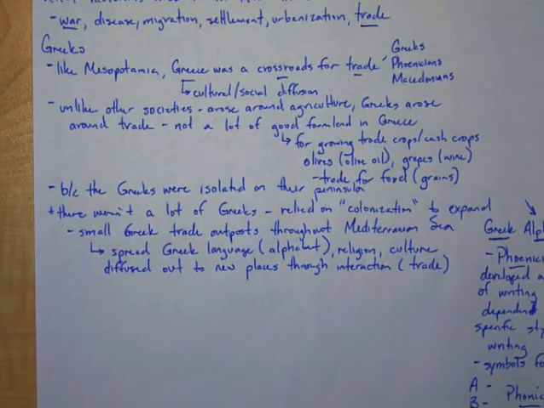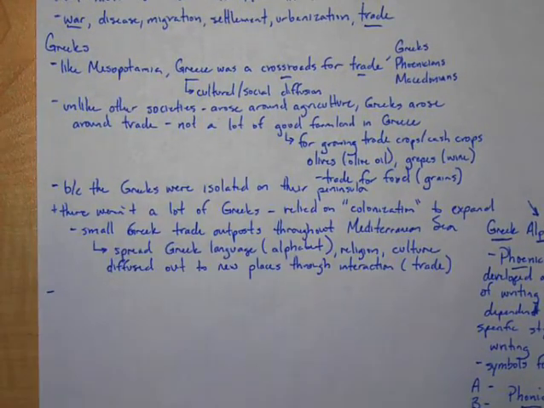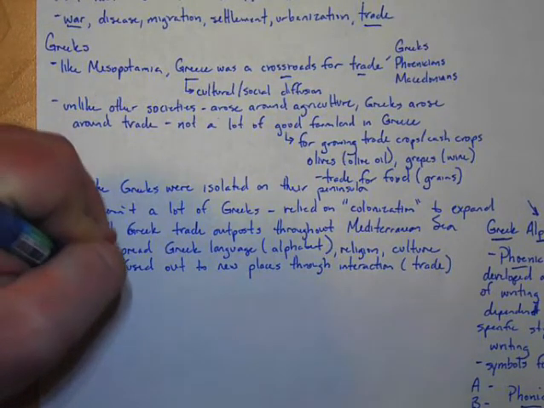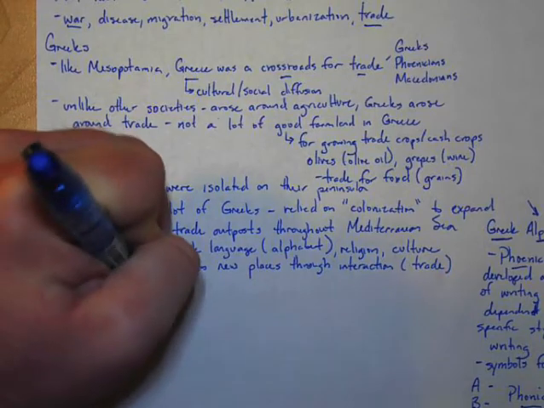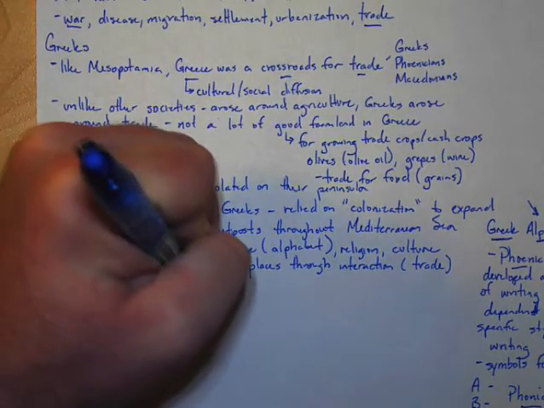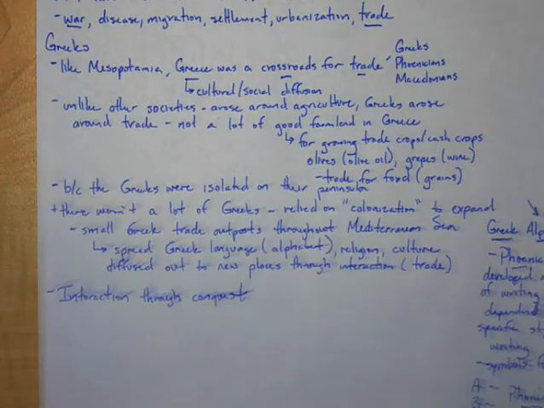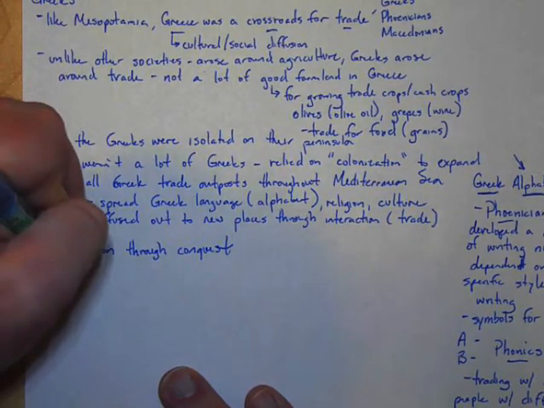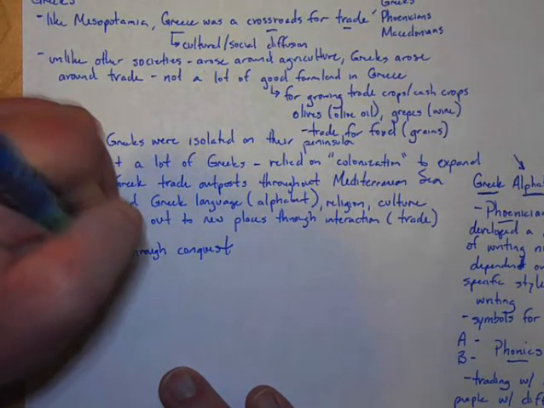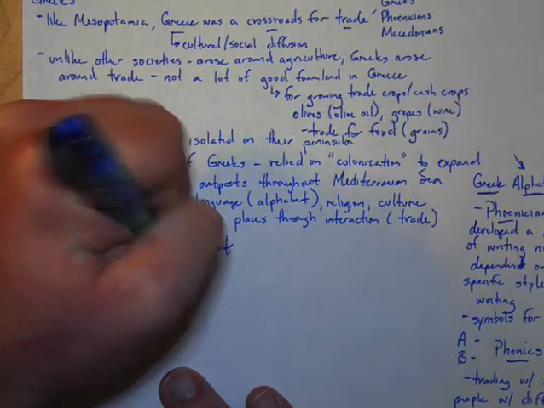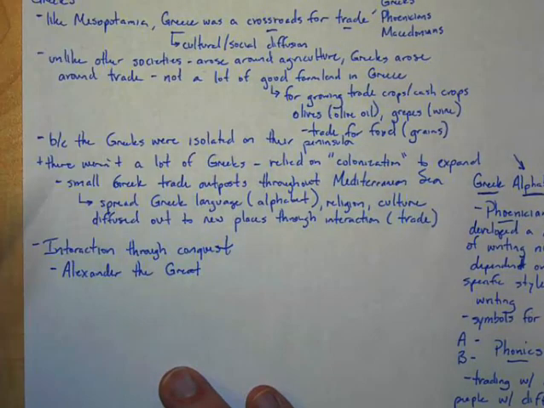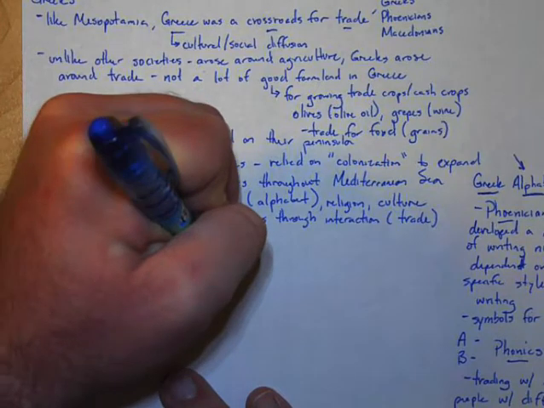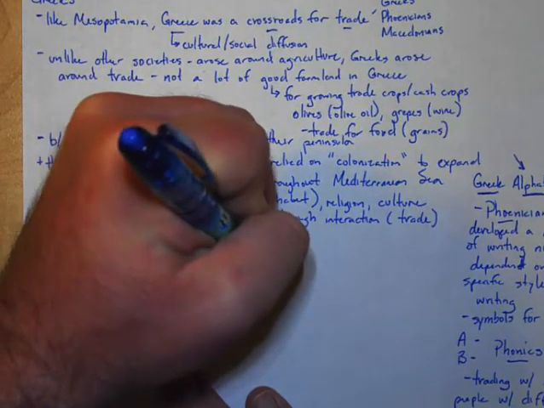So if we think about this a different way, and we think about interaction through conquest, the Greek guy we want to think about is Alexander the Great, who is doing most of his conquering around, we'll say, about 200 BCE.